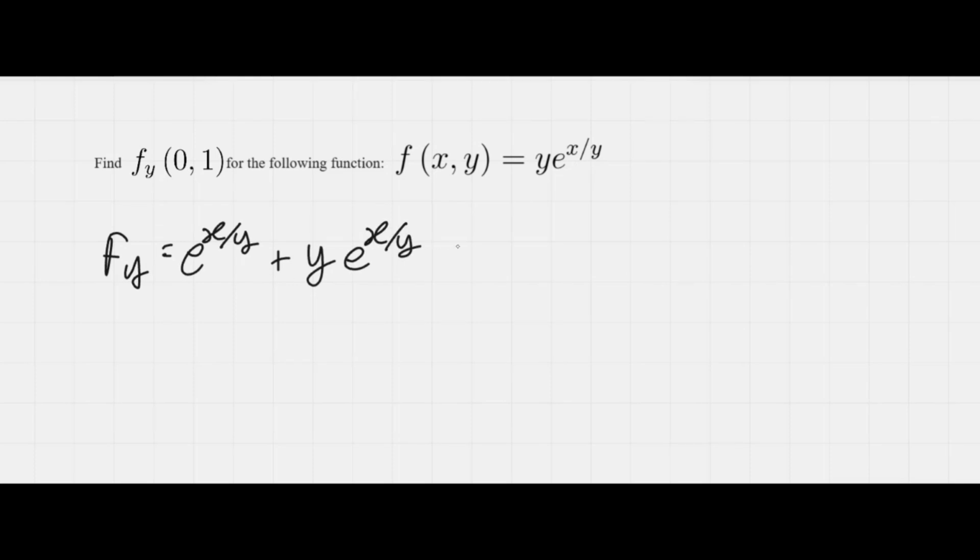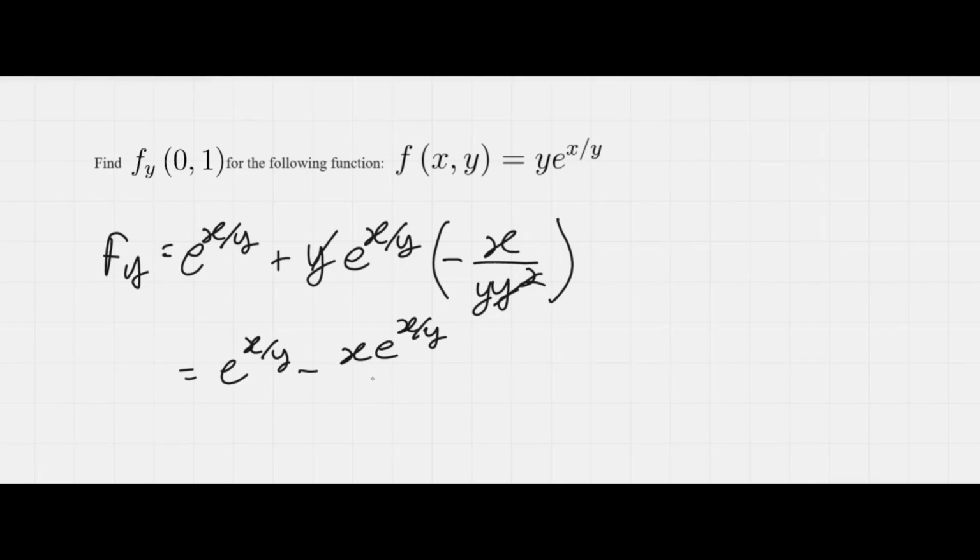However, we also have to use chain rule, and so in that respect we can say that differentiating x over y, treating x as a constant, the derivative of that is just going to be negative x over y squared. Canceling out these two y's over here, we can see that the final function is going to be e to the power of x over y minus x times e to the power of x over y, all over y. And so that is the partial derivative with respect to y.